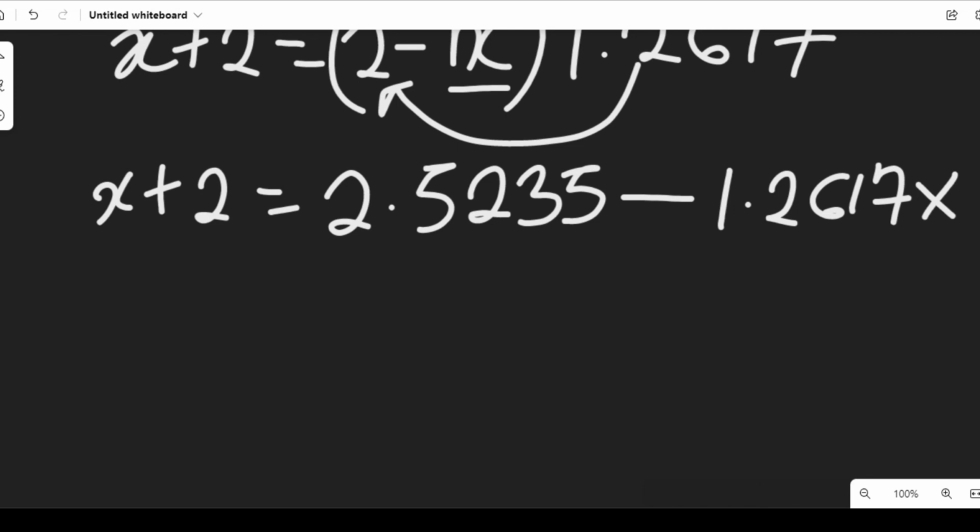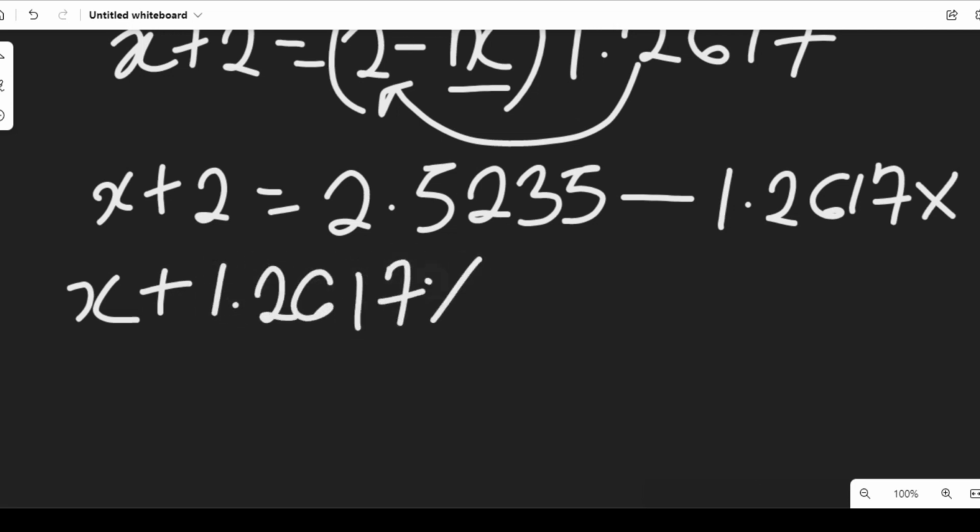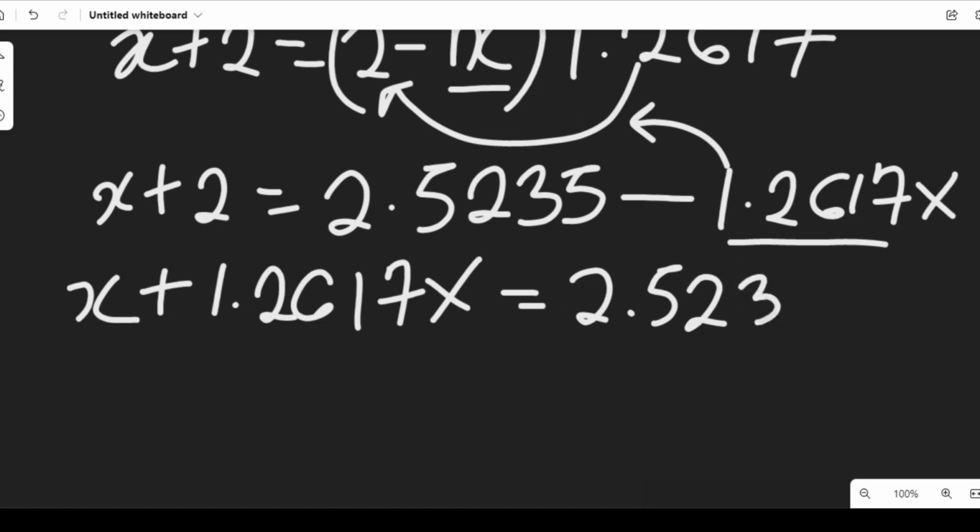If we collect the like terms, we'll have our 2 going over here, and then our x coming over here. First of all, we take 2 back to this side. So we'll have x plus 1.2617x, because this is negative 1.2617 crossing over to become positive, and then 2.5235 minus 2.